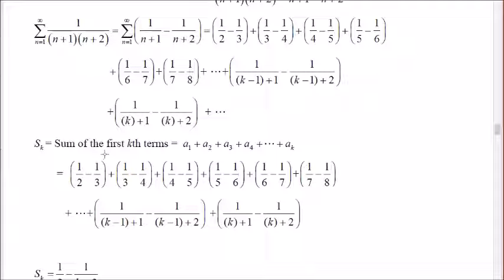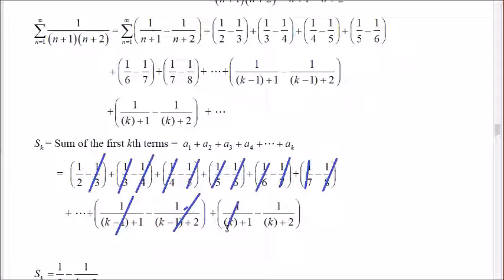From here, we can see that the minus 1/3 and the 1/3 will cancel out. Minus 1/4 and 1/4, and then 1/5 and 1/5, minus 1/6 and 1/6. So all of these will get cancelled out. Next, we can see from this pattern that this is k minus 1 plus 2, which is k plus 1, and it will cancel out with this one.